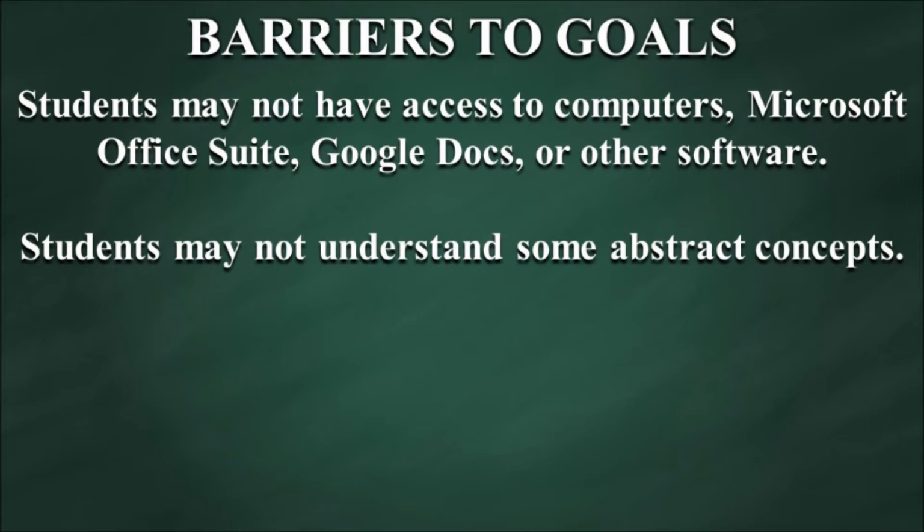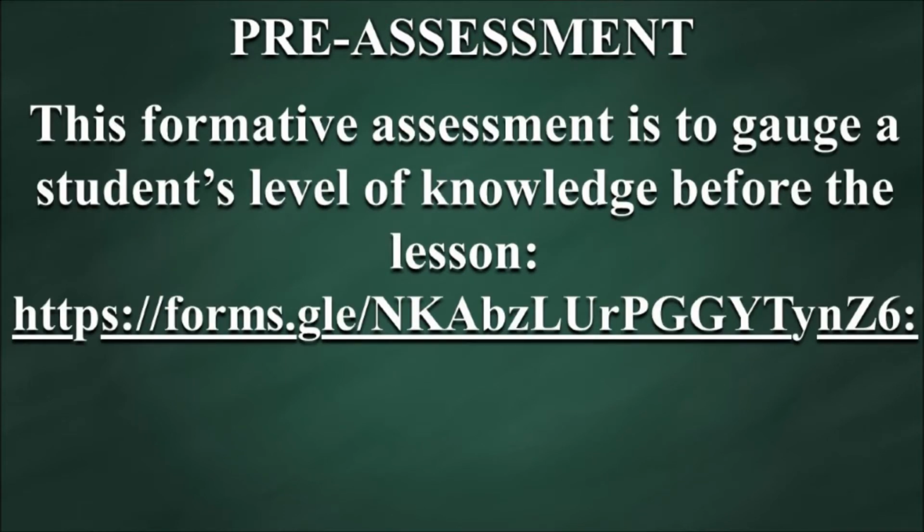Barriers to goals. Students may not have access to computers, Microsoft Office Suite, Google Docs, or other software. Students may not understand some abstract concepts. Pre-assessment. This formative assessment is to gauge a student's level of knowledge before the lesson.